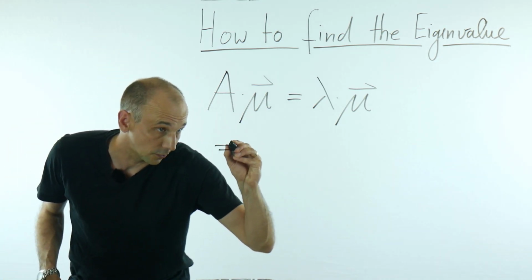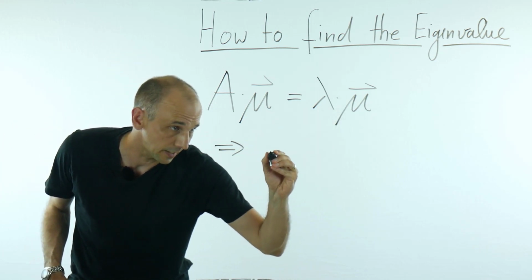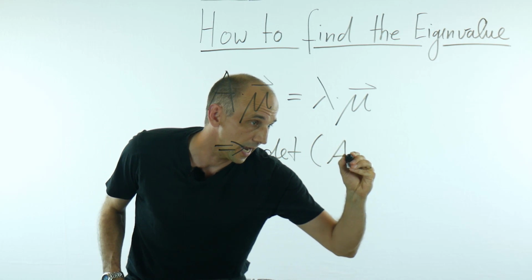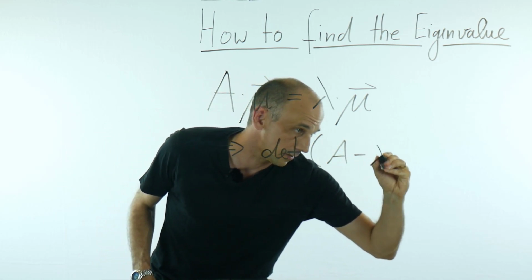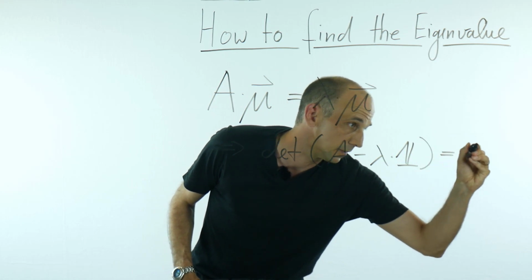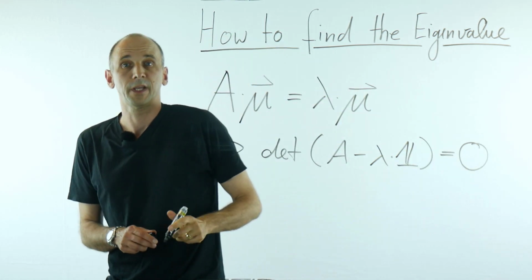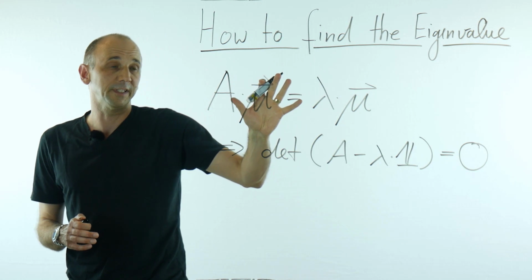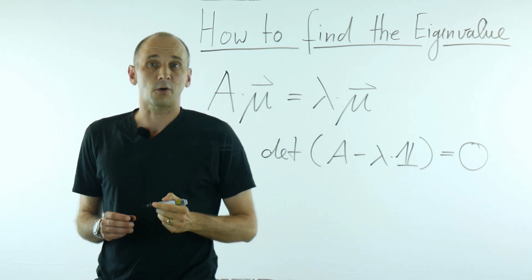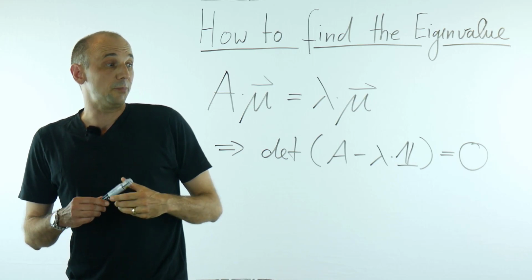So to fulfill this equation, I need the determinant of A minus eigenvalue times unit matrix to be 0. This will fulfill this equation. The determinant, of course, is a polynomial.